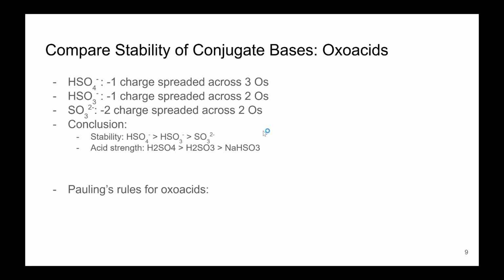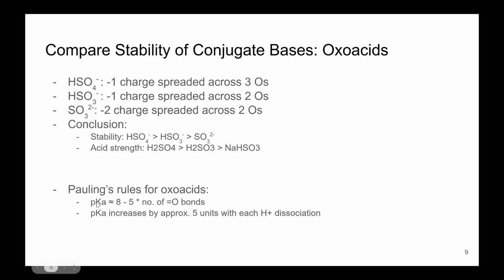An empirical rule that scientists have found is that the pKa of an oxo acid is approximately 8 minus 5 times the number of double O bonds. For example, in H2SO4, the number of double O bonds is 2, and because of that the pKa will be approximately -2, and that's quite close to the empirical value.